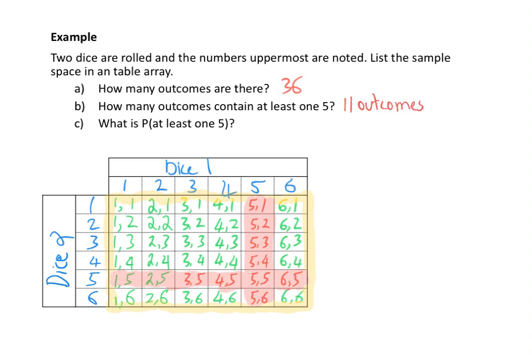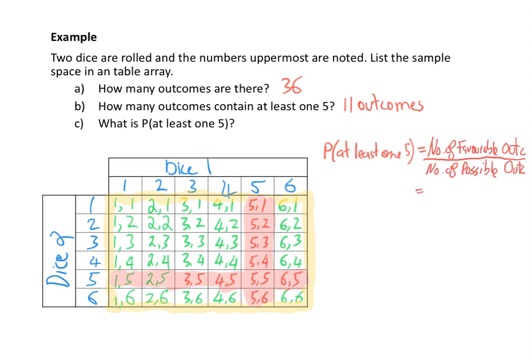Just having a look at the last part. What is the probability of containing at least 1 five? Well, the probability of at least 1 five is going to equal the number of favourable outcomes over the number of possible outcomes. So I need to write that formula as my first line of working out.